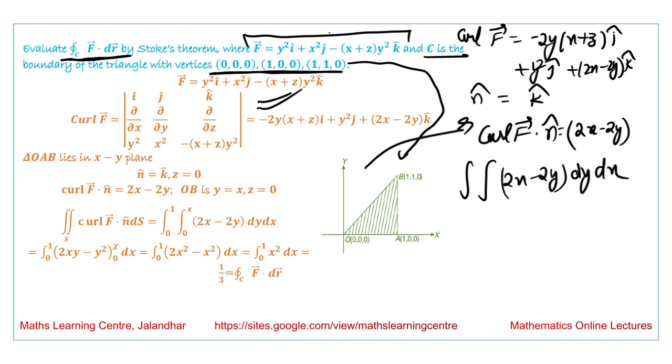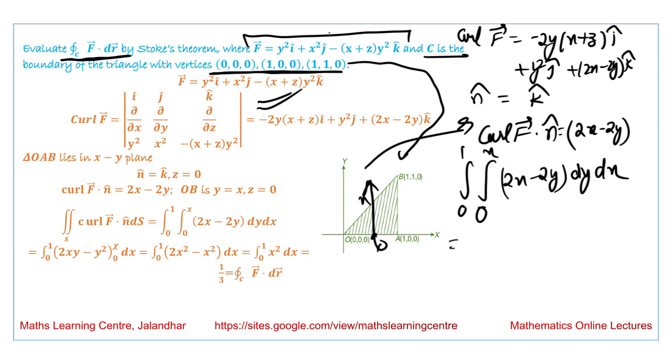It is in the xy plane, so n dot k will be 1. The limits for y vary from 0 to x, and x varies from 0 to 1.